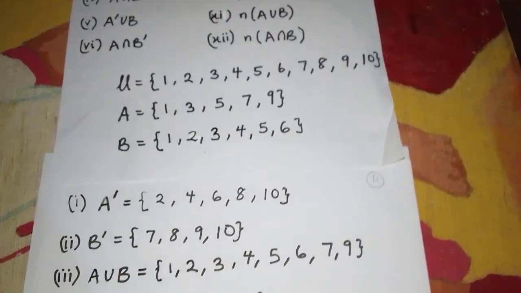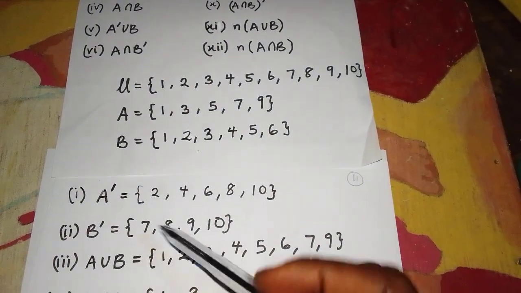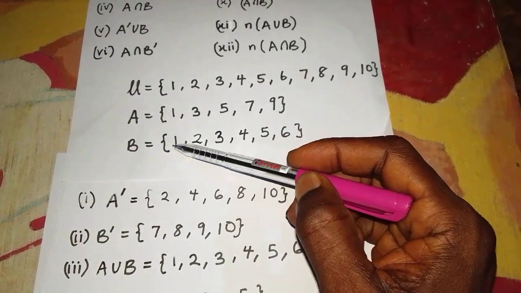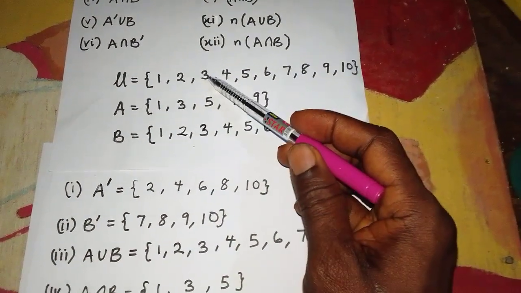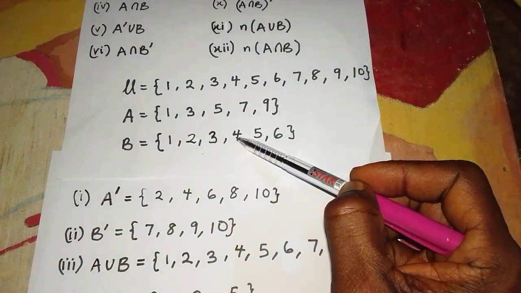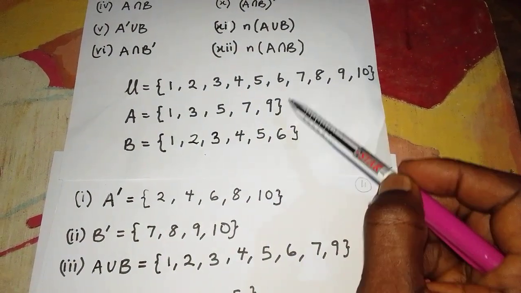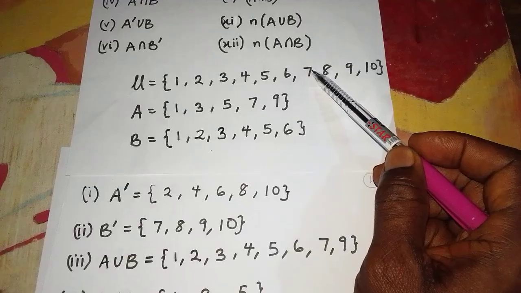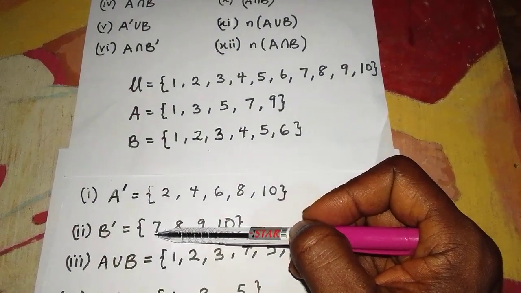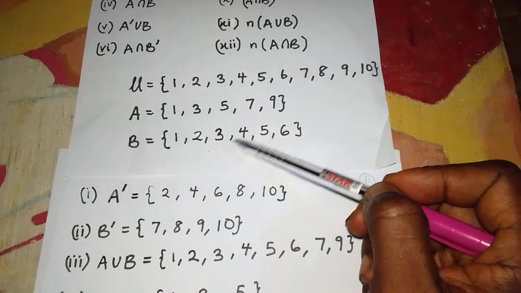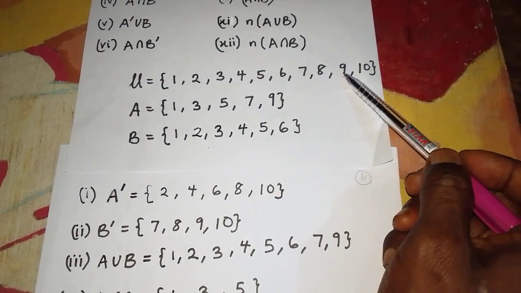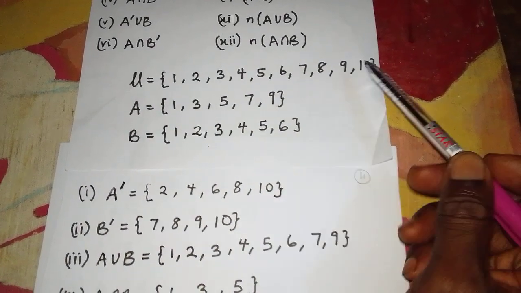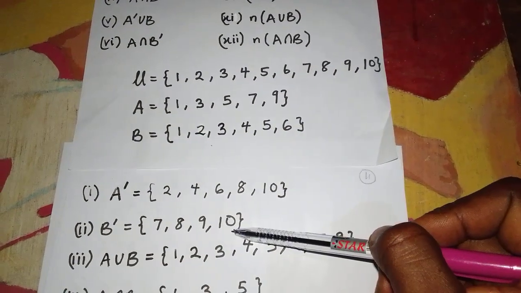Now the second one says B complement. B complement is what is in the universal set but not in B. Now you realize that 1 is in B, no. 2 is in B, no. 3 is in B, no. 4 is in B, no. 5 is in B, no. 6 is in B, no. Then 7 is not in B, so 7 is part of B complement. 8 is not in B, so 8 is part of B complement. 9 is not in B, so 9 is part of B complement. 10 is not in B, so 10 is part of B complement.